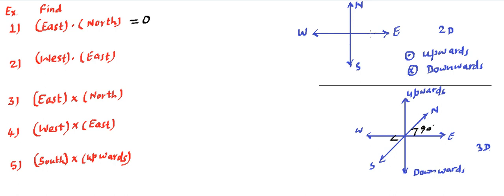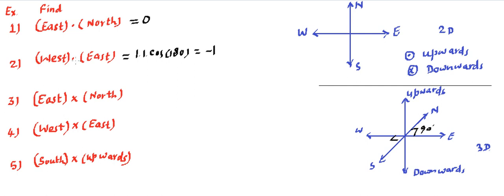Now the second part, which says west dot east. Now west is there, east is there. What angle do they share? There is an angle of 180 degrees. So if two vectors are opposite in direction, and these are unit vectors, we write this dot product as the magnitude of the first, which is 1, times the magnitude of the second, which is 1, times cos of the angle between them, and the angle here is 180 degrees. So cos 180 degrees will become our answer, which is -1.